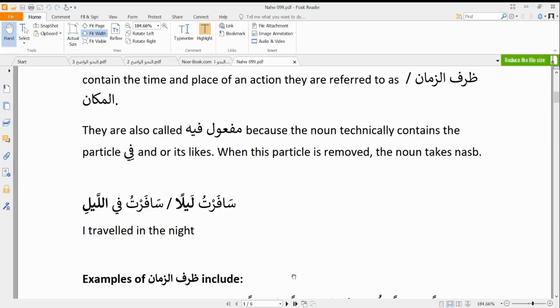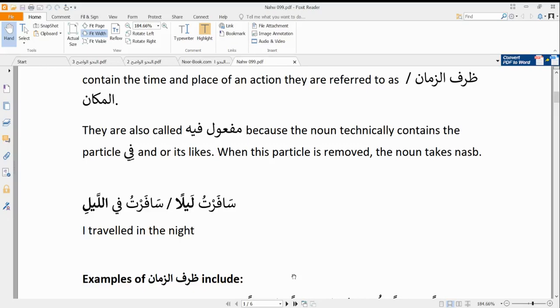I could say safartu fil layl, meaning I traveled in the night. But we remove that fi, that harfu jarri, and that layl now becomes a zarf and takes nasbu when it is functioning as a maf'ul fihi.